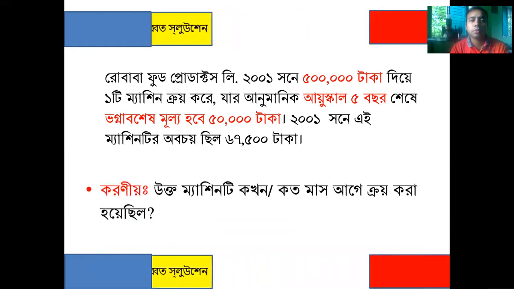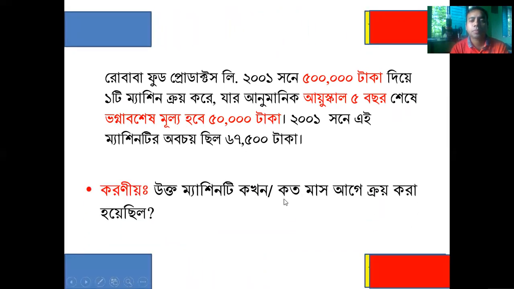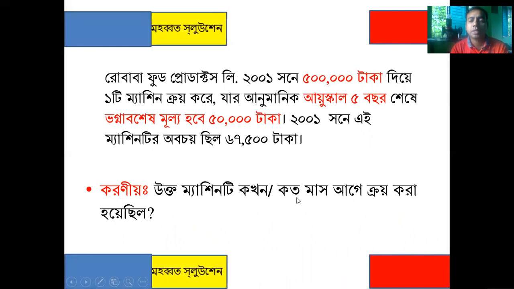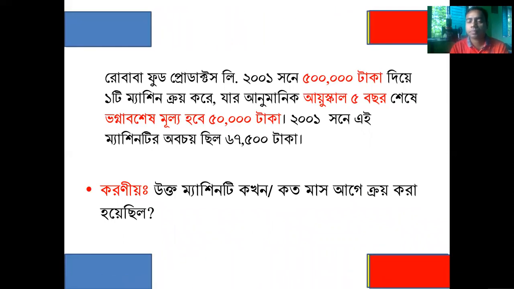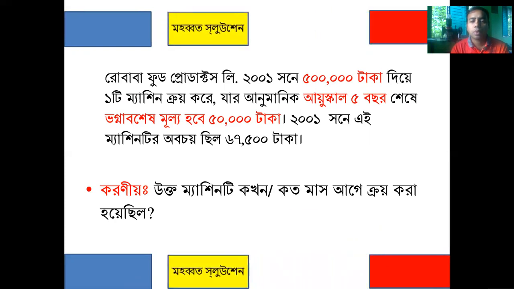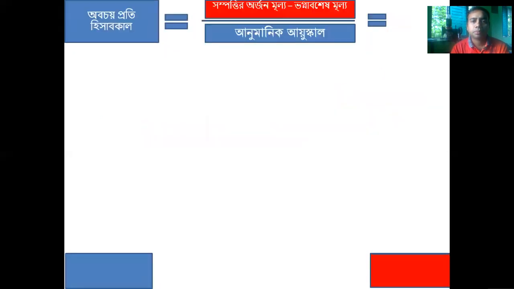The question for you: when was the machine purchased? We know very well, according to the straight line depreciation method, depreciation per period equals the acquisition cost of the asset minus salvage value, divided by estimated useful service life.